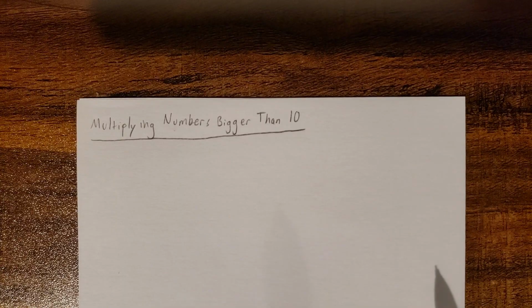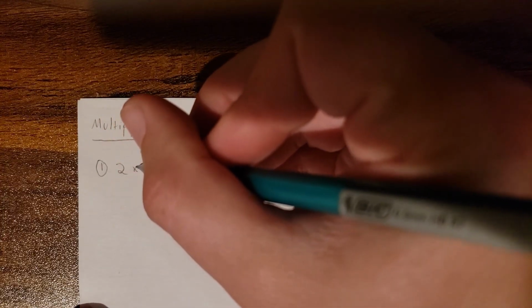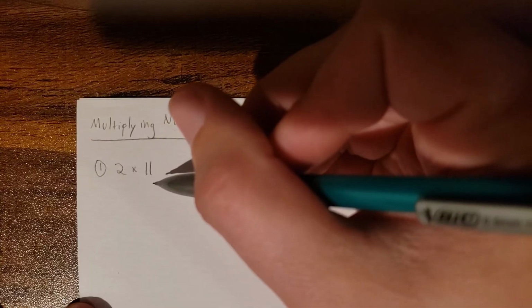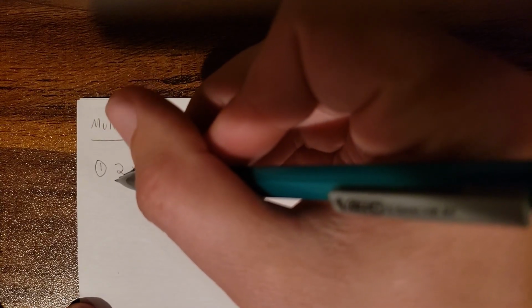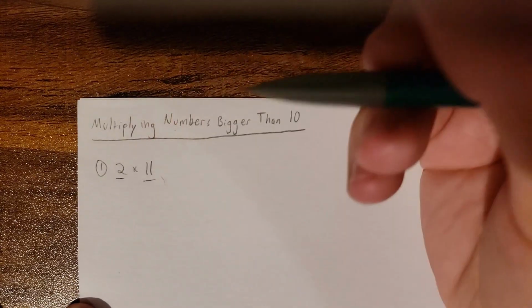So, for an example, let's start with a pretty easy one. We're going to start with 2 times 11. Now, the way that we've been doing this so far is we've set it up generally like this, and we'd say that we want 2 groups of 11 added together.